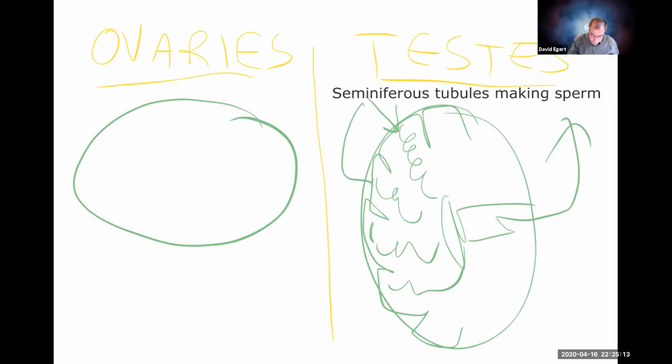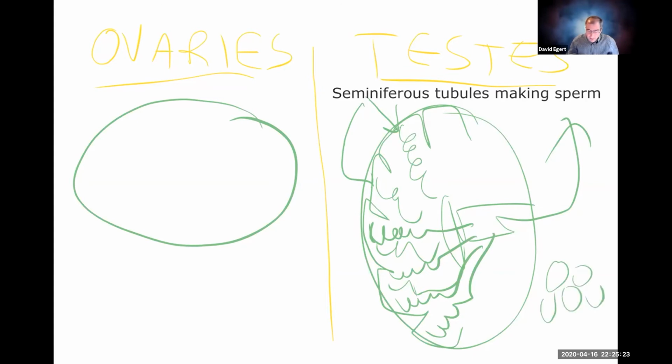So all these little tubules, when we look at these for real under the microscope and do a cross section, it's just going to look like a cross section through a whole bunch of little tubules. In between the tubules are these little cells. They're called interstitial cells. Interstices just means the little spaces in between. These little interstitial cells, the interstitial cells of Leydig, are the ones that make testosterone.